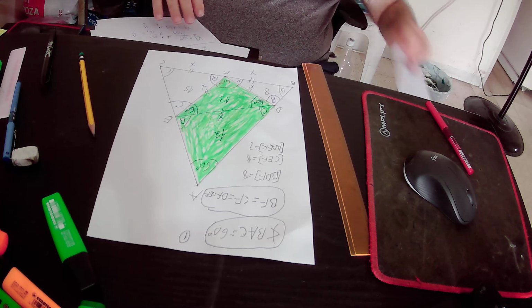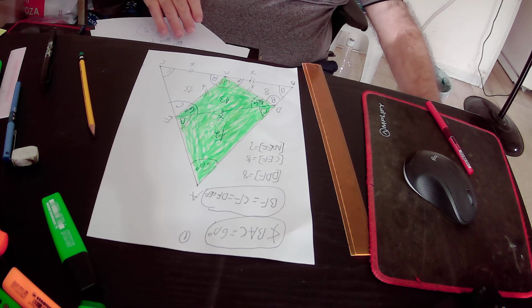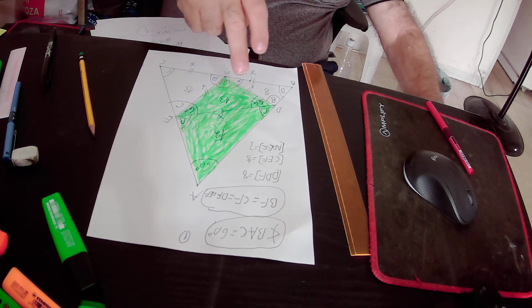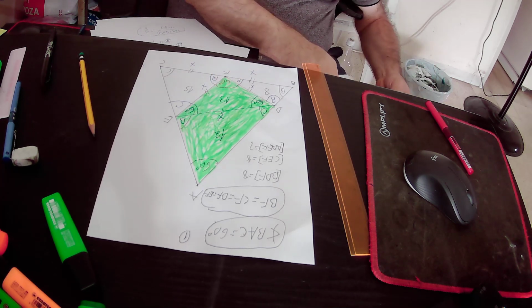And we want to find the area of the green quadrilateral ADEF.